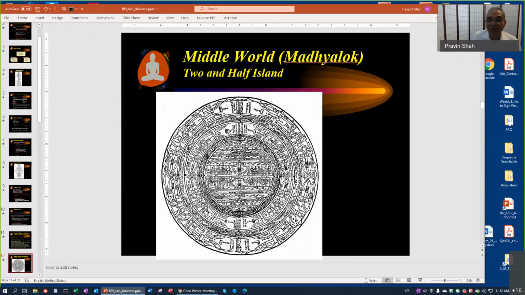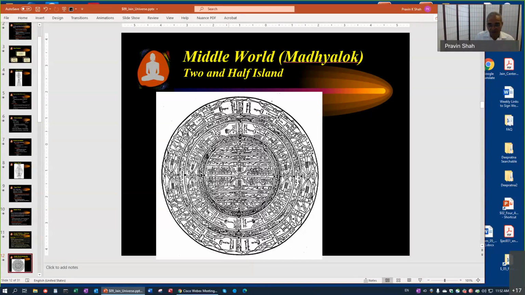So in all, you will find 2 Mahavidya Kshetra, 2 Airavat Kshetra, and 2 Bharat Kshetra in Ghatki Khand. Similarly, in Pushkar Dweep, because that area is the same as the Ghatki Khand, they have 2 Mount Merus, 2 Mahavidya Kshetra, 2 Bharat Kshetra, and 2 Airavat Kshetra.